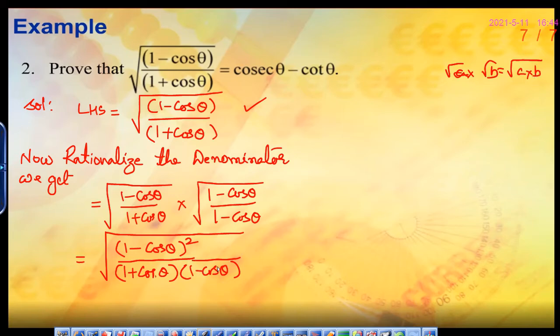Now children, you know what 1 plus cos theta into 1 minus cos theta is? This is nothing but A plus B into A minus B, which is equal to A square minus B square.